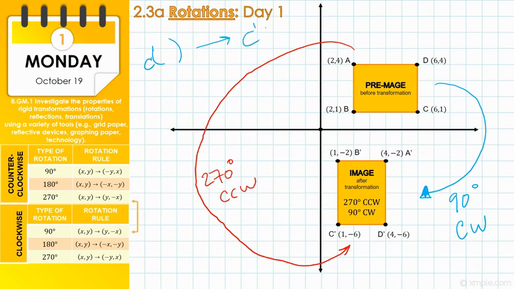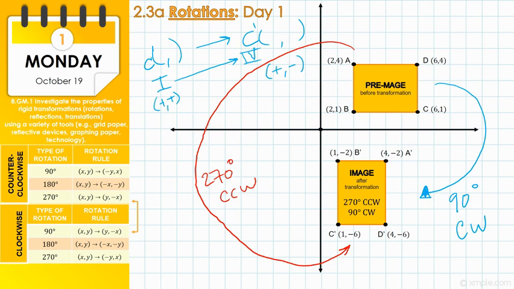And without looking at any coordinates, if I'm moving from quadrant 1, 90 degrees clockwise, I'm going one quadrant away from quadrant 1 to quadrant 4. 90 degrees clockwise, I'm going right one quadrant away. Quadrant 1 points are positive, positive. Quadrant 4 points are positive, negative.